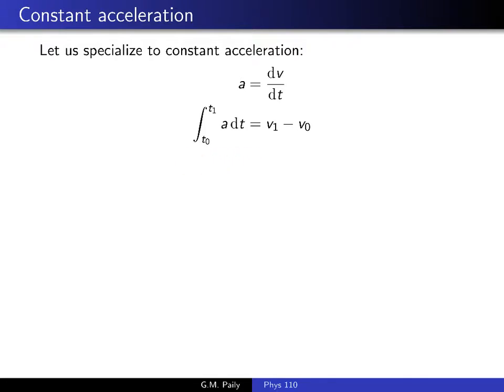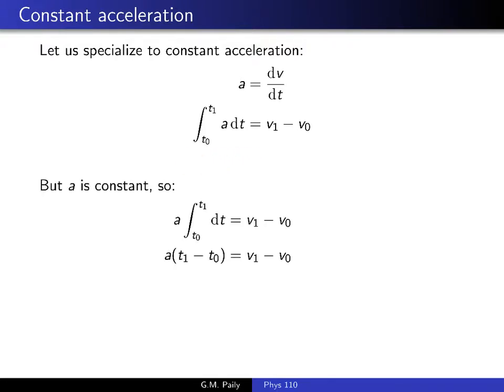What about this side? a is a constant, and so we can pull it outside the integral. So now we simply have the integral of dt from t0 to t1. The integral of dt is just t, and evaluated at the limits we get a times t1 minus t0 is equal to v1 minus v0.